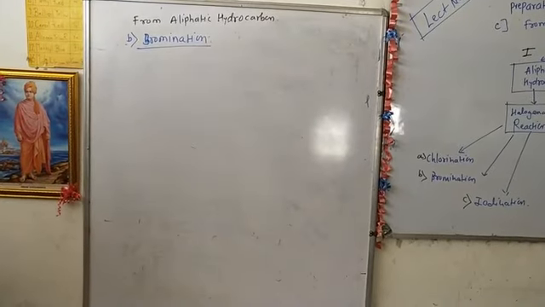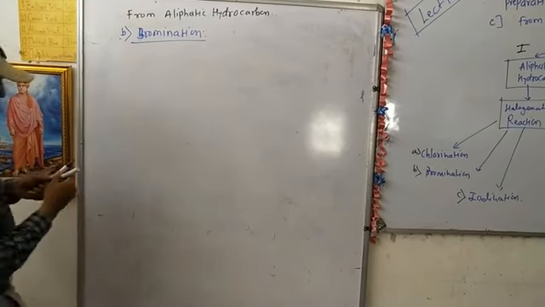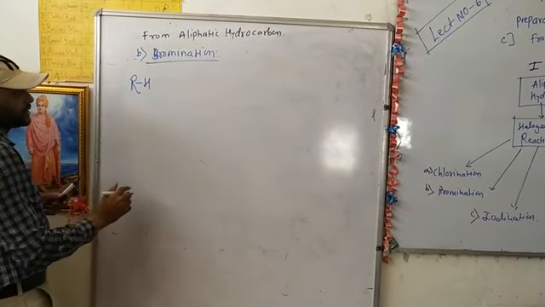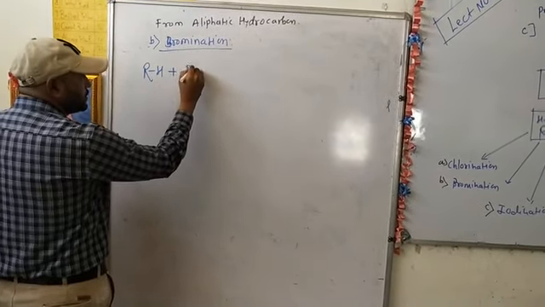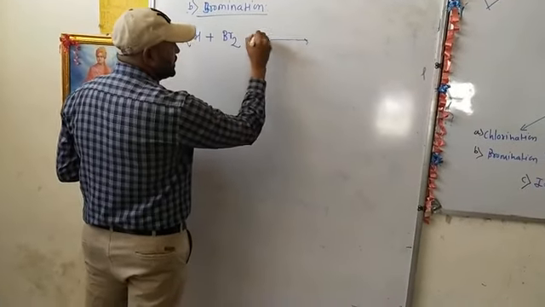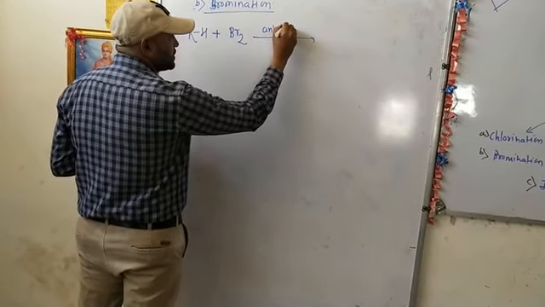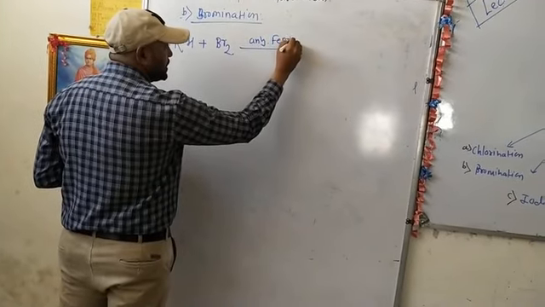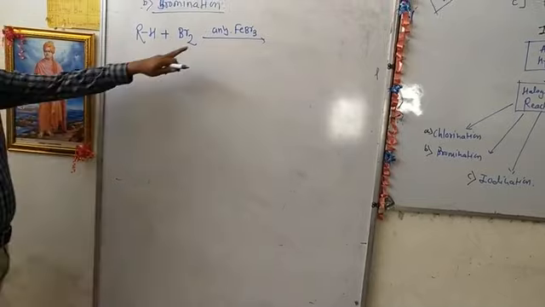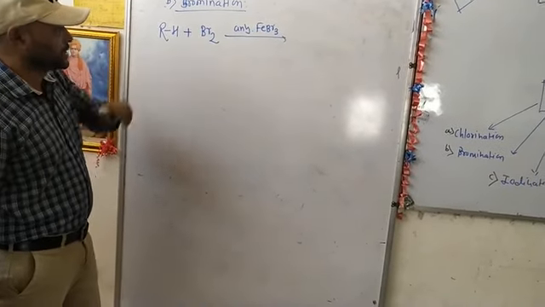This is another substitution reaction of alkane in which an alkane hydrogen is replaced by a bromine atom from Br2 in presence of anhydrous FeBr3, which acts as a catalyst in a bromination reaction.